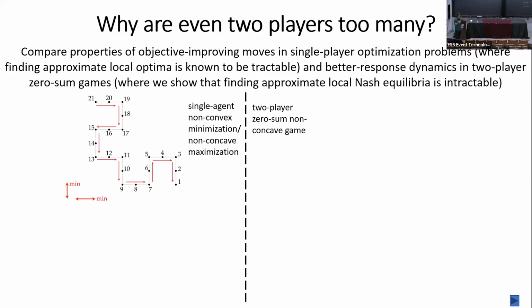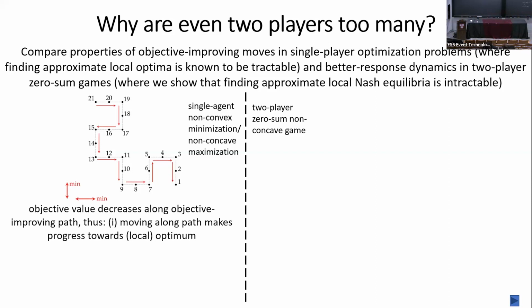Improving path means that the objective function improves, right? So the function values have to go down as the agent is trying to improve their objective. In this case, the objective itself acts as a Lyapunov function, witnessing that something is improving as the agent is making changes to their decisions.